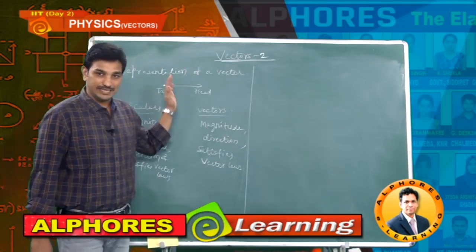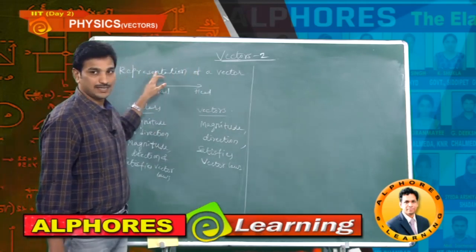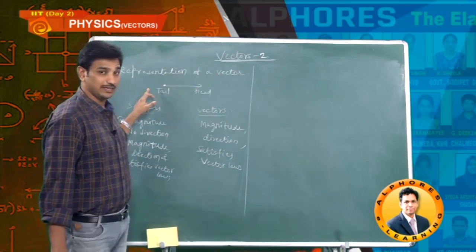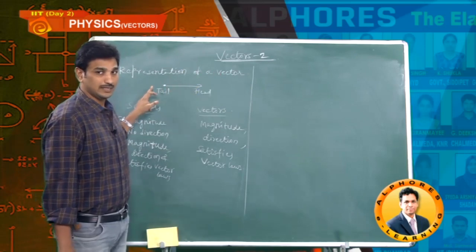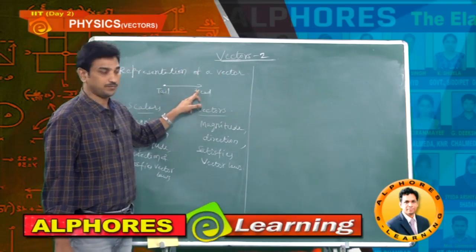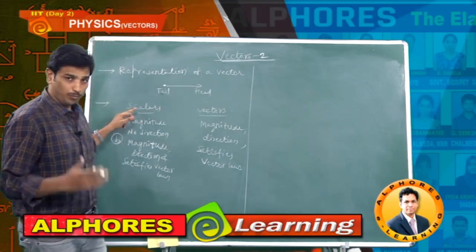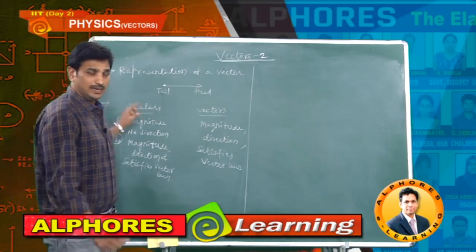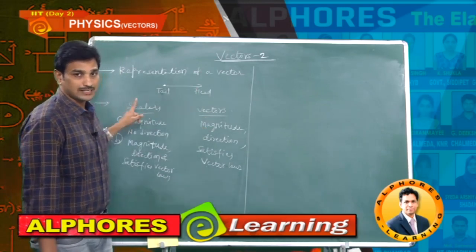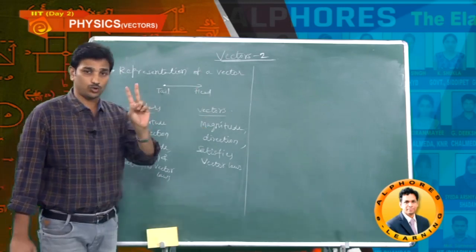Yesterday we discussed representation of a vector, in this way we will represent a vector having tail and head. And one more point we discussed yesterday: scalars and vectors. Those are two categories.